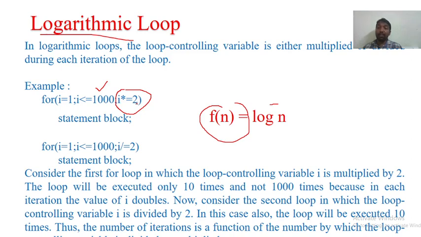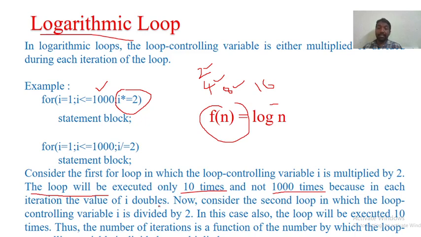The first iteration the value is 2, the second time the value becomes 4, and the next time it becomes 8. Every time the value is being doubled: 2, 4, 8, next time 16. So here the loop will be executed only 10 times and not 1000 times, because in each iteration the value of i is doubled.